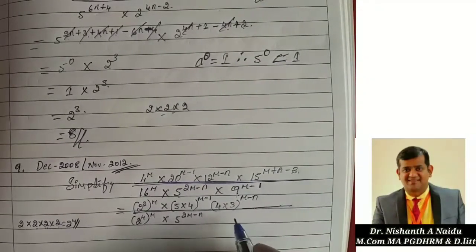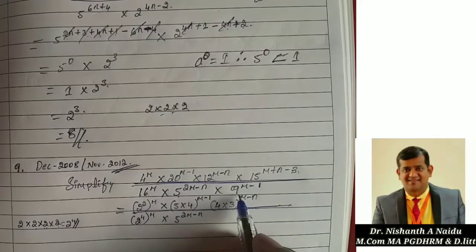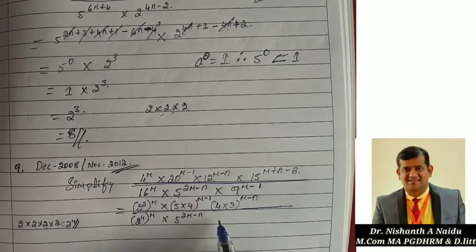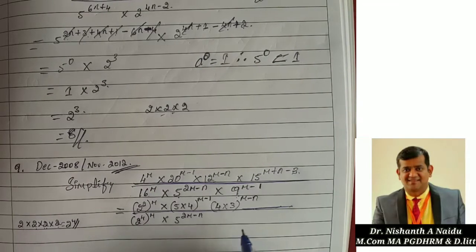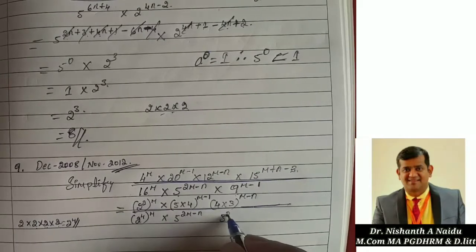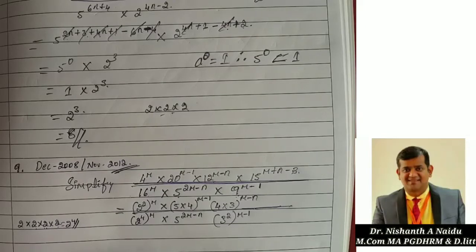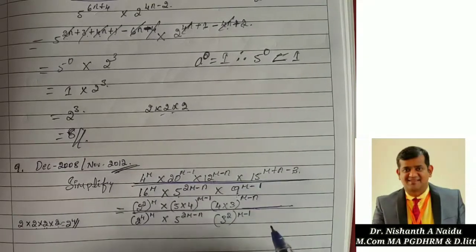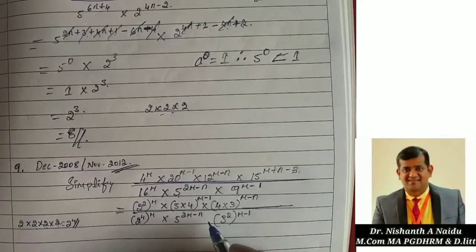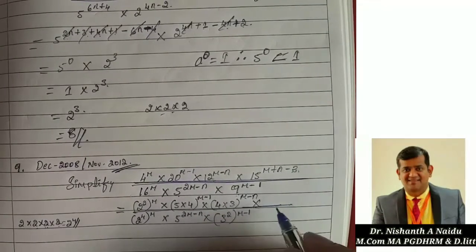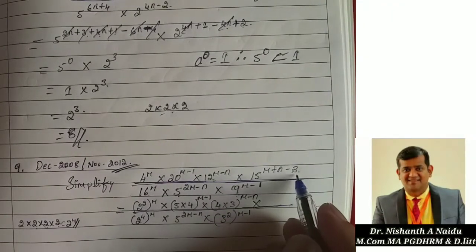At the bottom I have 9, so this I can easily do with 3, that is 3 3s are 9. So 3 to the power 2 whole power m minus 1. Now left is 15 to the power m plus n minus 2.